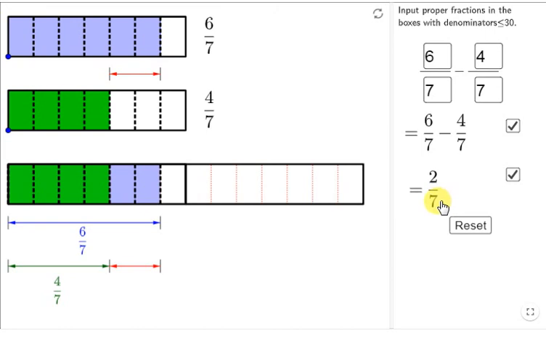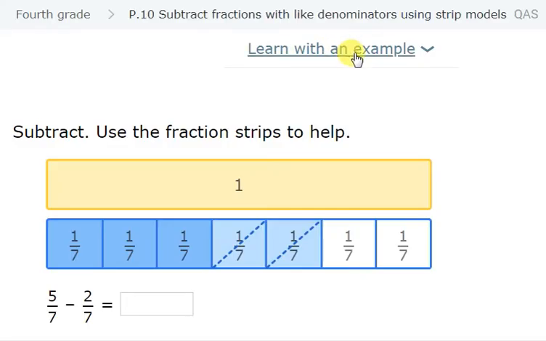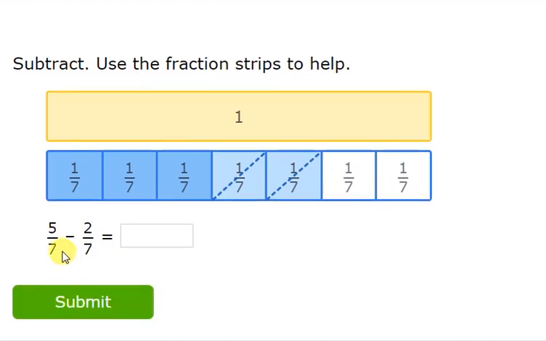Okay, now in the last part of this video we will solve some questions from IXL. The code of the skill is QAS and the name of the skill is subtract fractions with like denominators using strip models. You are supposed to take away 2/7 from 5/7.